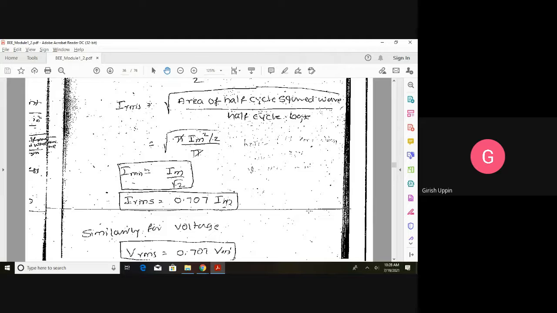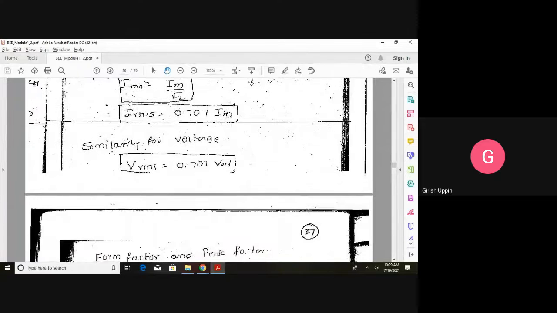You get Vm as around 325. That is how your household voltage mathematical equation is v is equal to 325 sine omega t volts. This is for the current, and similarly, voltage VRMS is equal to 0.707 Vm.